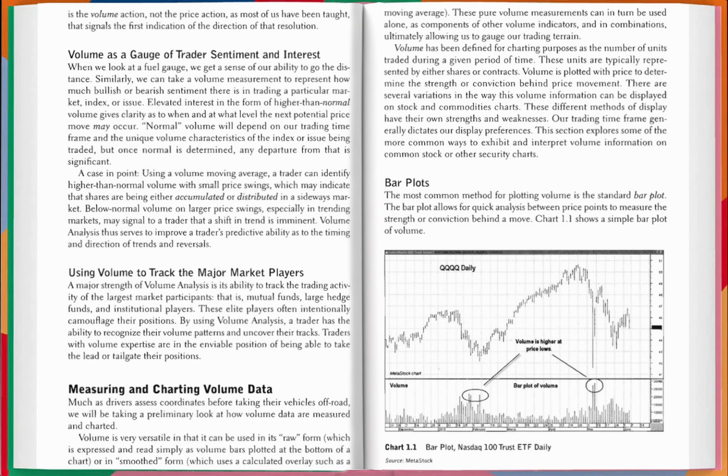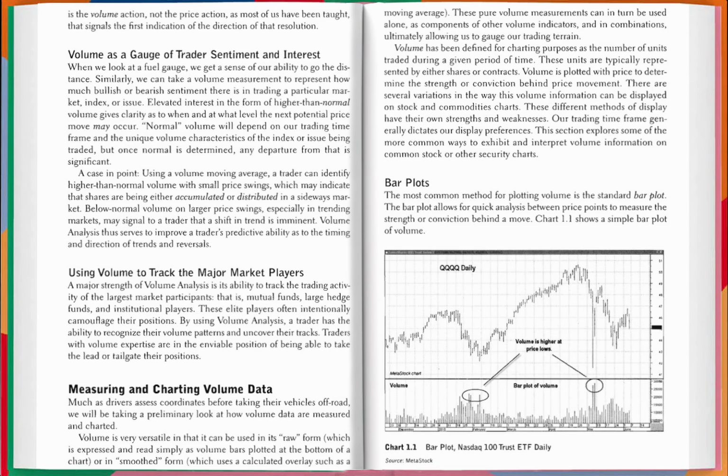Normal volume will depend on our trading time frame and the unique volume characteristics of the index or issue being traded. But once normal is determined, any departure from that is significant. A case in point, using a volume moving average, a trader can identify higher than normal volume with small price swings, which may indicate that shares are being either accumulated or distributed in a sideways market.